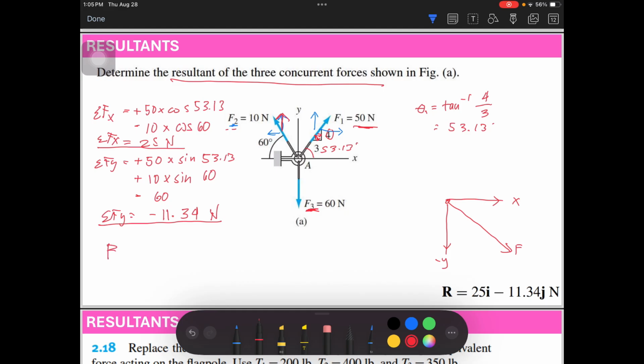The resultant F is equal to square root ng 25 squared plus negative 11.34 squared. So, how much is that? 25 squared plus 11.35 squared. This is 27.46 Newton. Ito si F mo.